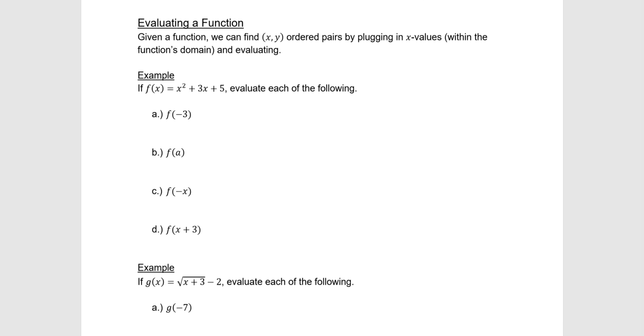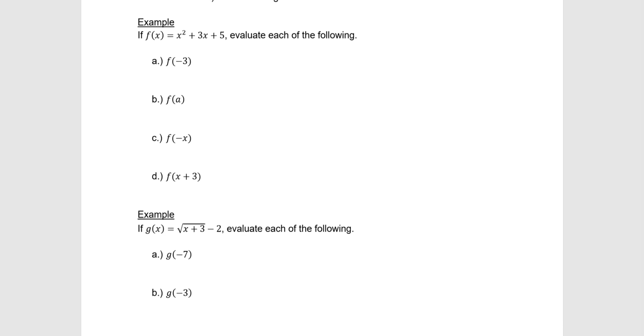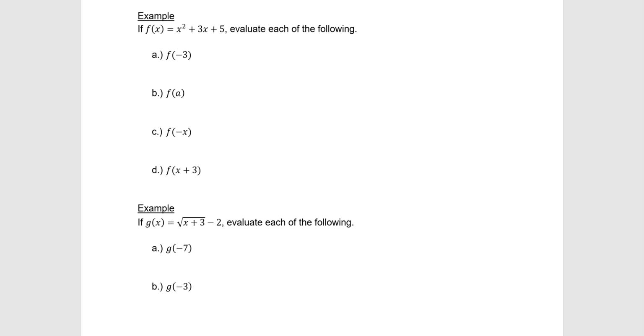And evaluating a function using function notation: if we're given a function, we can find the x, y ordered pairs by just plugging in the x values and evaluating. So for example, let's say we have f of x is x squared plus 3x plus 5, and we want to evaluate f of negative 3. All we have to do is plug negative 3 into all of the x's.